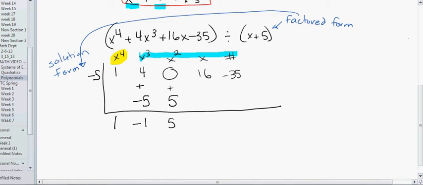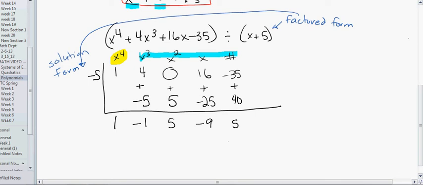Repeat. 5 times -5 is -25. Add. 16 plus a -25 is a -9. Repeat, -9 times -5 is a +45. Add. -35 plus 45 is 10.